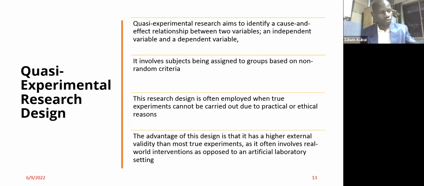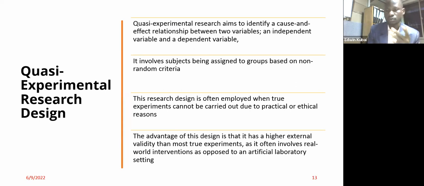So if you have two groups of people, you can calculate their means and carry out a test on them to establish the statistical significance of those two groups, or three groups, or even five or more groups. Then you may be doing what you call a quasi-experimental research design, and you ensure that it's non-randomized.